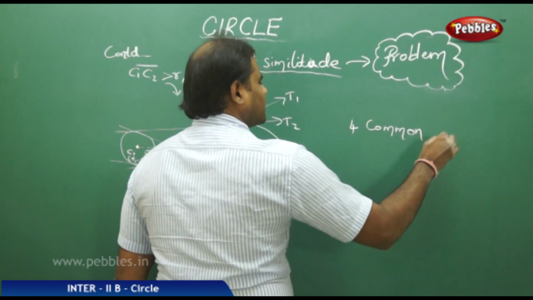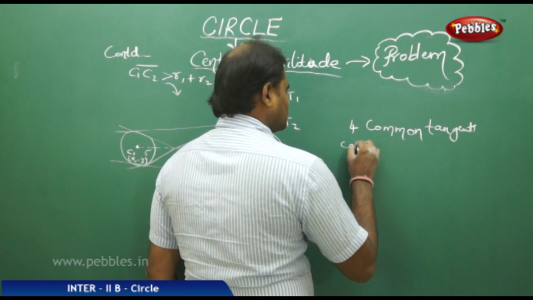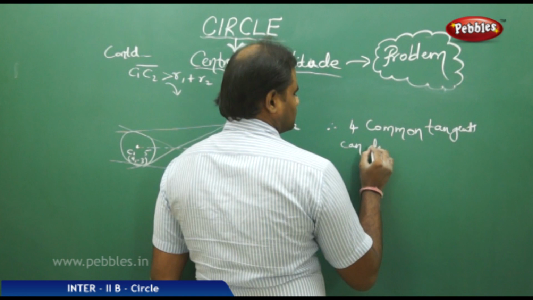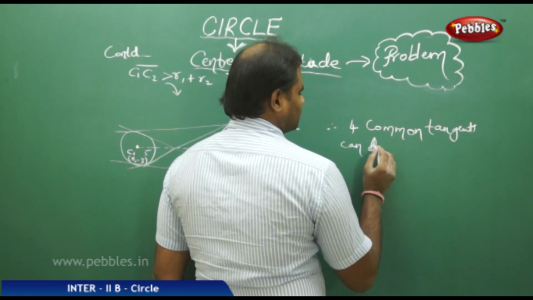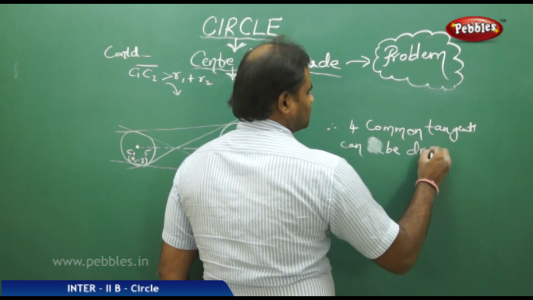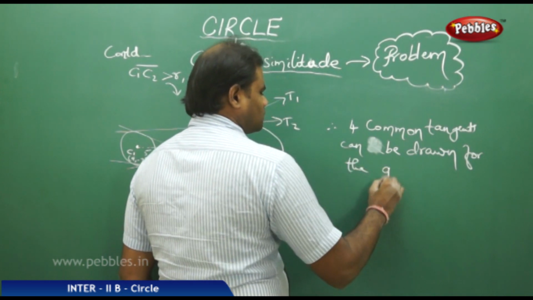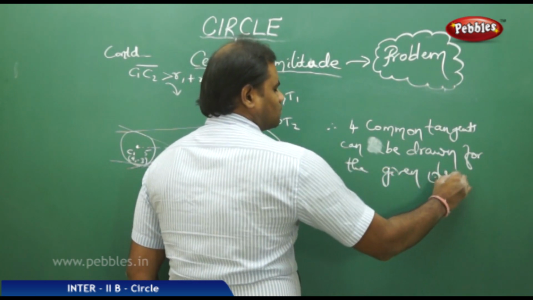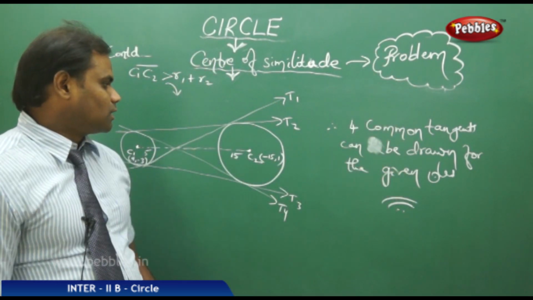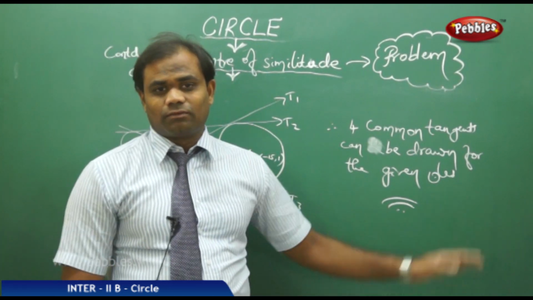So four common tangents can be drawn for the given circles. So the conclusion that there are four tangents which can be drawn for the given circles is part 1 of the question.